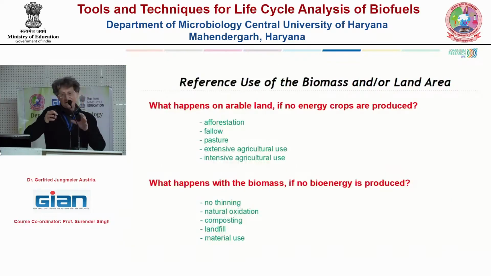So this thematics of land use and land use change is at least very closely connected to the production of biomass, because we've already seen yesterday that it's always a question what's happening on that piece of land if you do not produce bioenergy, which we call the reference use of the land or the biomass.